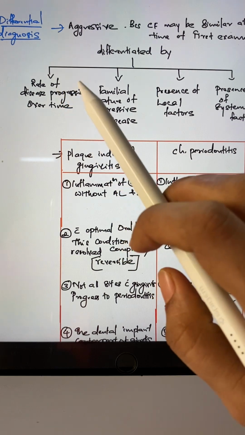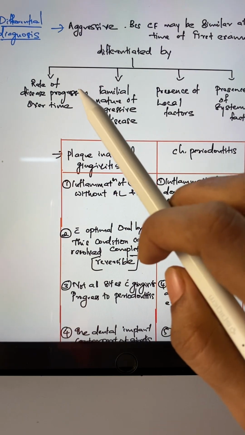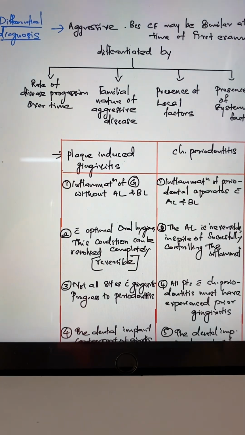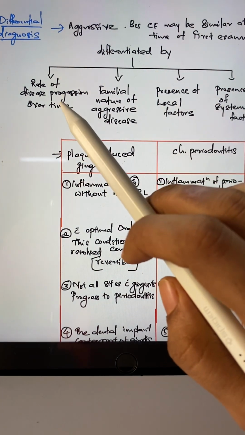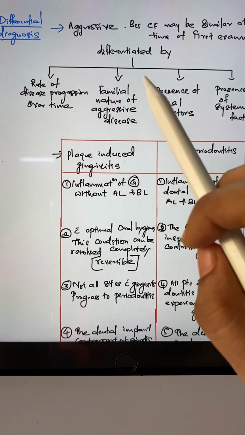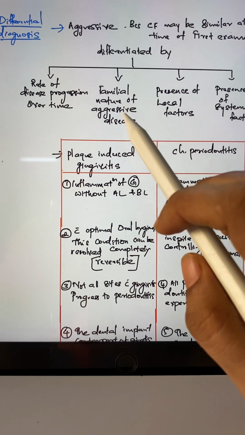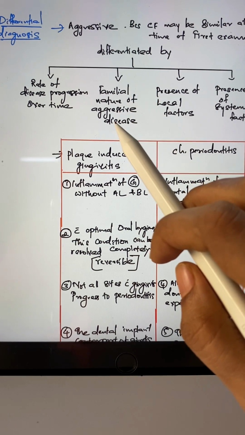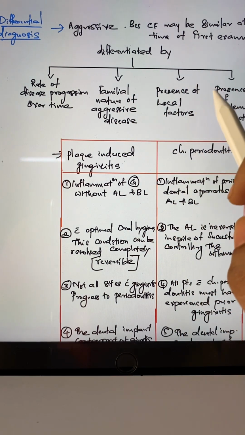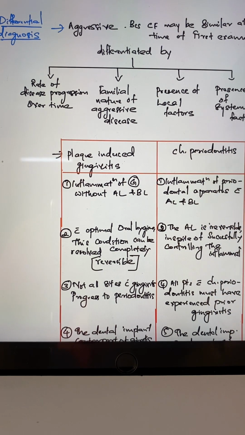See, in the case of chronic periodontitis, when we do scaling and root planing or such initial treatment, some kind of improvement would be there. But in the case of aggressive periodontitis, the progression would be very high over time. And aggressive periodontitis is a little bit familial in nature, and we can identify these two by the presence of local factors and the presence of systemic factors.